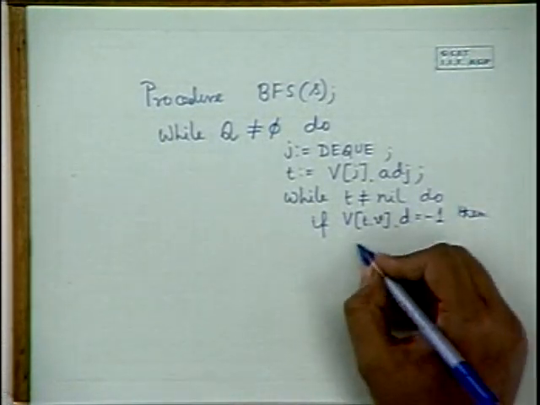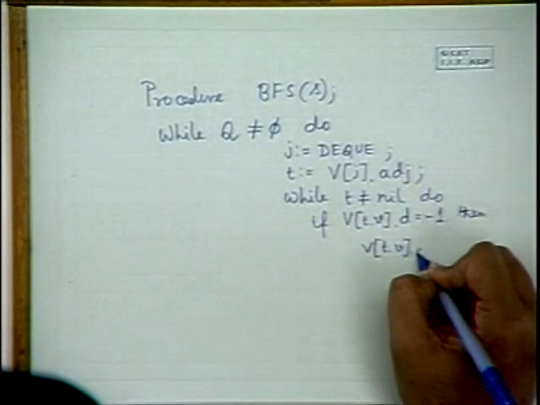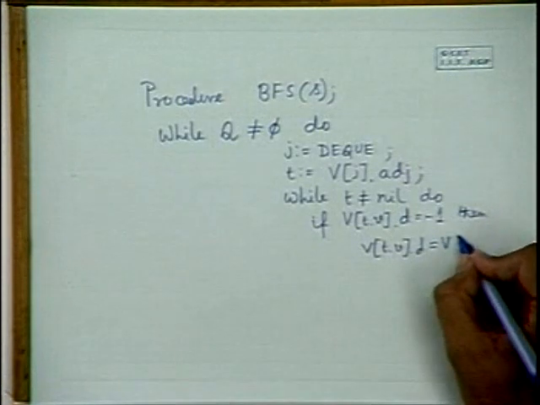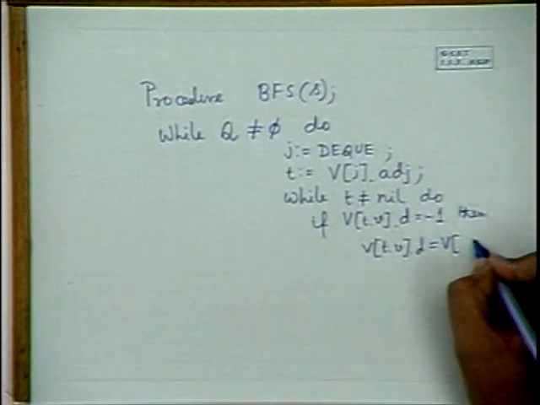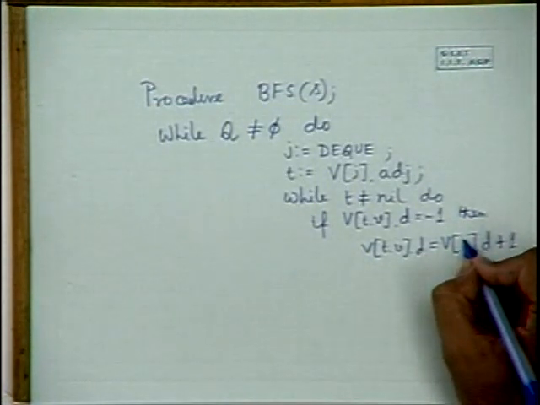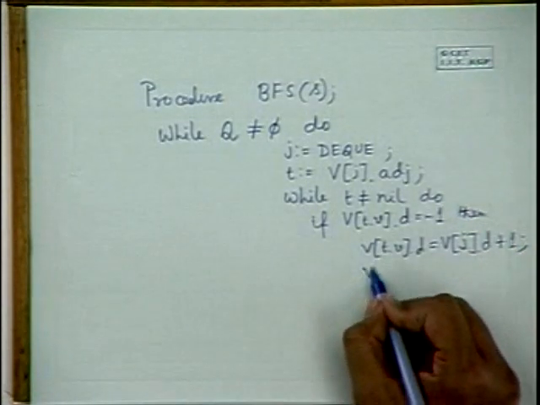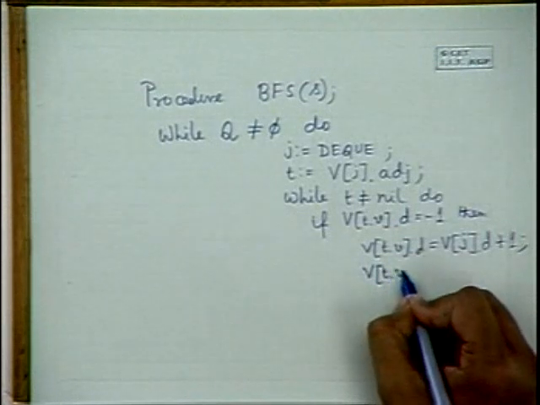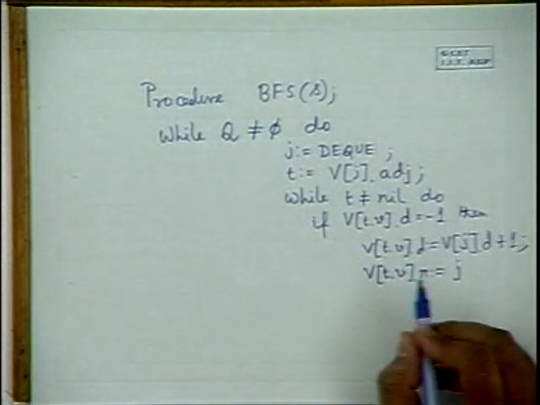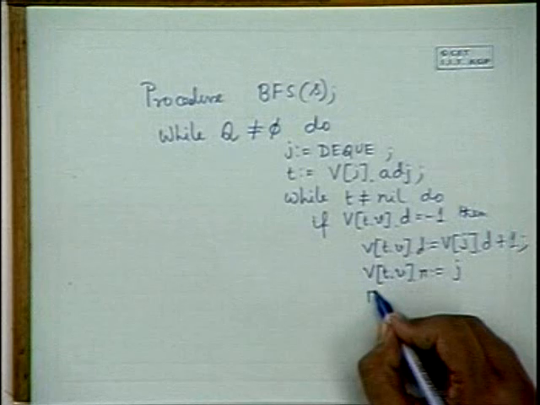Then what should you do? You just visit this. vt.v.d should be this time what? v dot d plus 1. So fill up the gaps. This should be j: vj.d plus 1. And its pi field also, vt.v.pi is equal to j, and you NQ this vertex now.